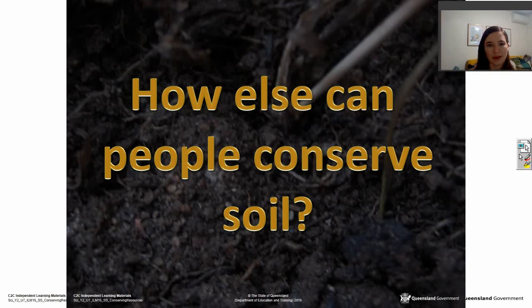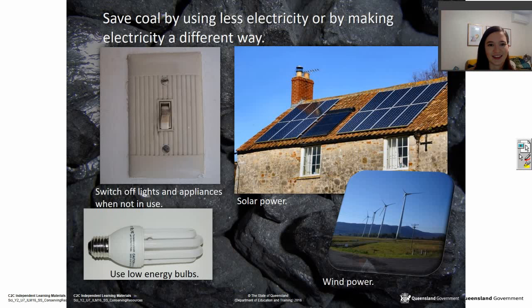Ooh, what else did we talk about? In the previous lesson we talked about putting something on the garden to keep it in. We talked about mulch. Are there any other ways you can remember that we talked about conserving soil? You could flip through your book if you can't remember, because you would have written some great ideas in the other week. Okay.